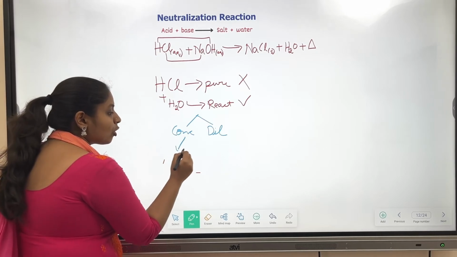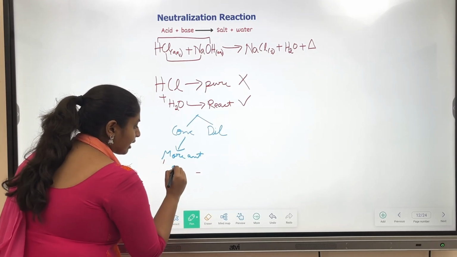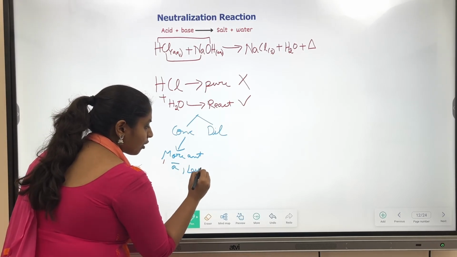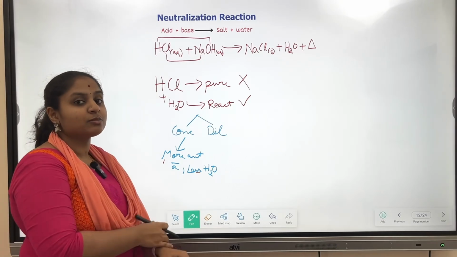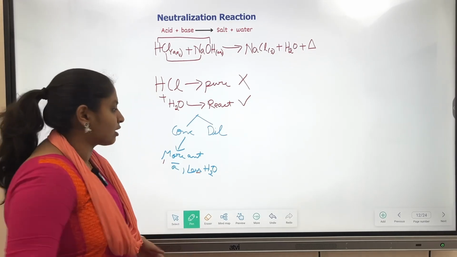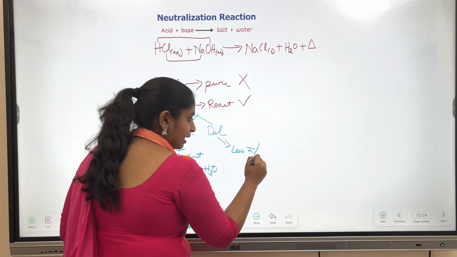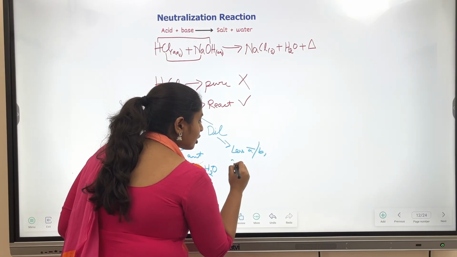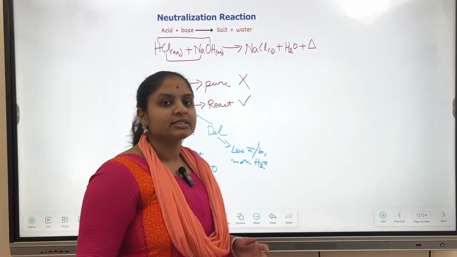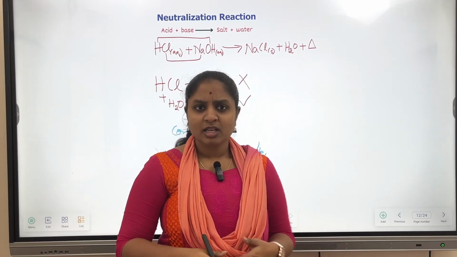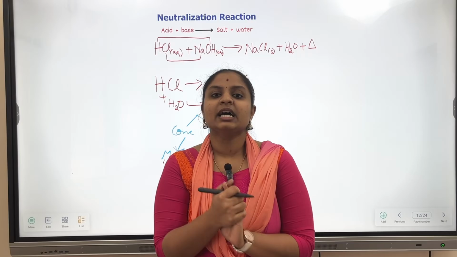See, if there is more acid and less water, we call it concentrated acid, because it will produce more H+ ions. When there is less acid or base and more water, we call it dilute acid or dilute base. So we are now clear about what will happen when an acid reacts with a base.